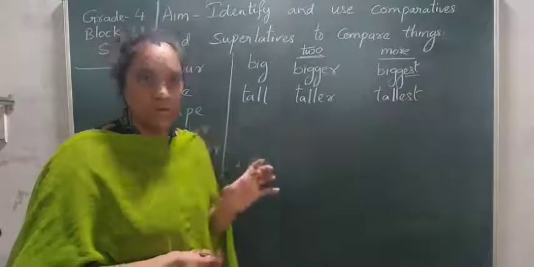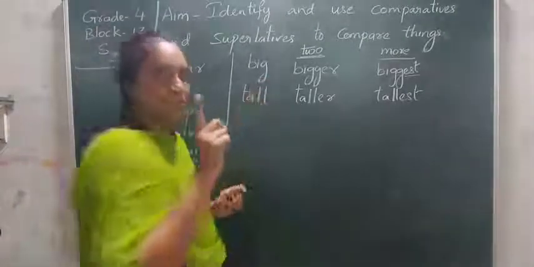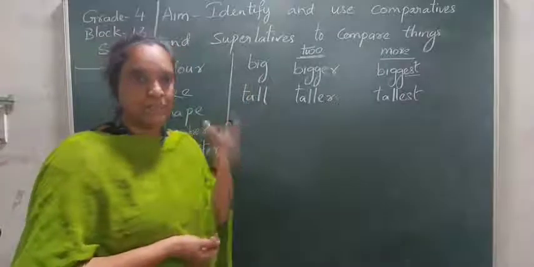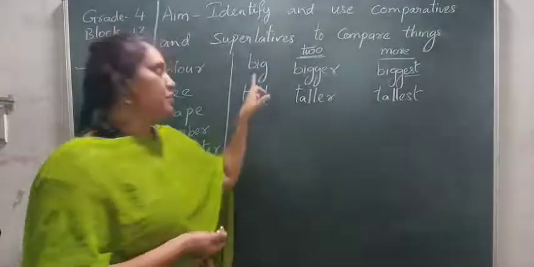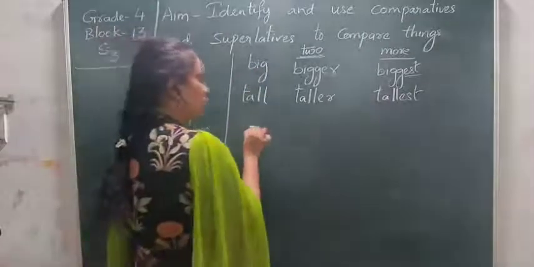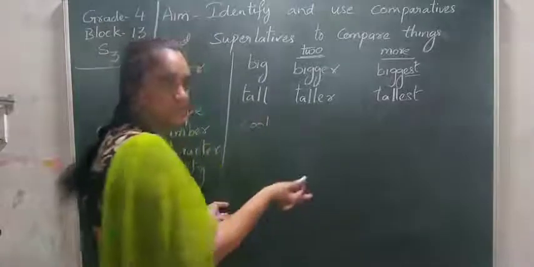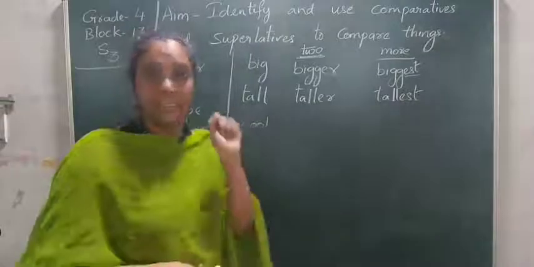How we pronounce a word is called a syllable. See, now big can be pronounced within one syllable. At a time, one vowel sound is there. So we can pronounce big, tall, cool, cooler, coolest, hot, hotter, hottest. These are called single syllable words.